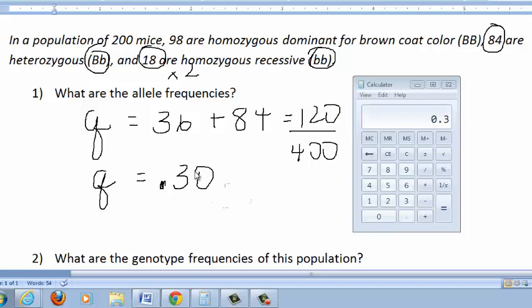And that should make sense because remember P is equal to 0.7, and together they make up the entire population, right? 0.3 plus 0.7 is 100%. The alleles have to be either dominant or recessive, so that's our whole population. So Q is 0.3, P is 0.7, those are allele frequencies. Ready to move on to the next part of the problem.